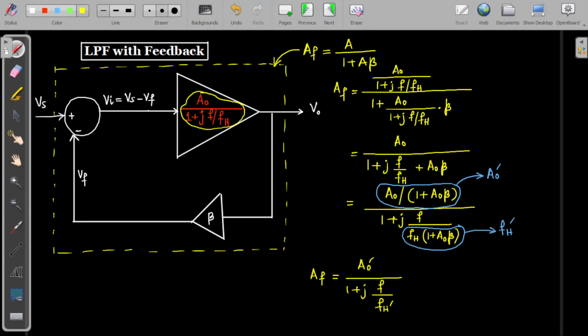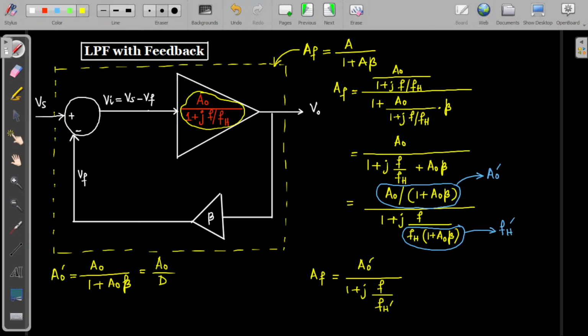So now the equation can be written like this. What is this A0 dash? We have assumed that A0 dash is equal to A0 divided by 1 plus A0 beta. And what is A0 beta? A0 beta is nothing but the loop gain. So A0 divided by D. What is A0 dash?